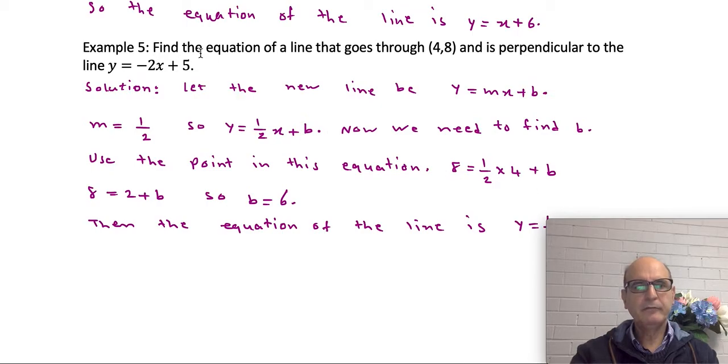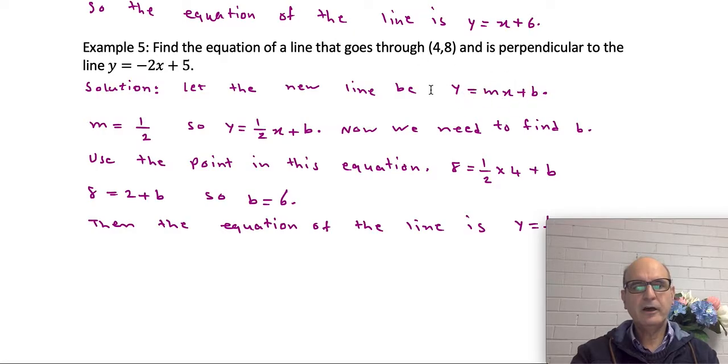Next example: find the equation of a line that goes through this point and is perpendicular to the line y equals minus 2x plus 5. Again, we assume the new line is y equals mx plus b, and we need to find m and b.